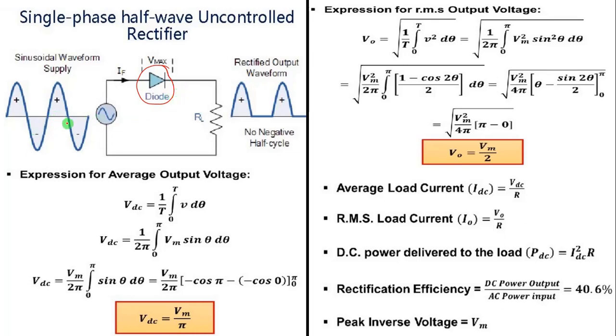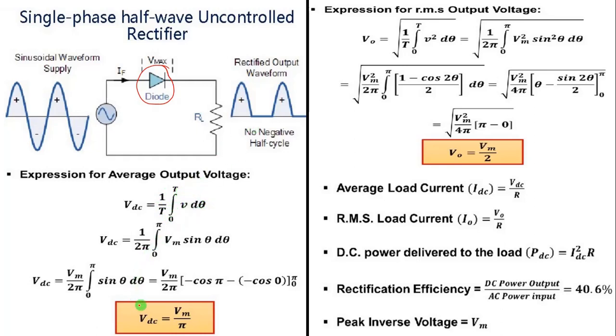This is the input given to the half wave rectifier, and this is the output. You can see that only in one half cycle there is output. Calculating the expression for average voltage, VDC equals 1 by the total time period, integral over the interval 0 to T of V d theta.